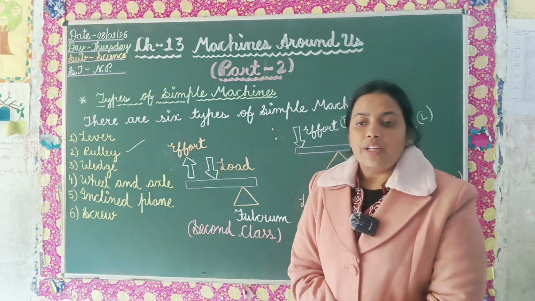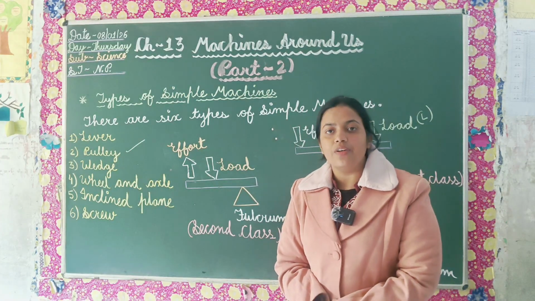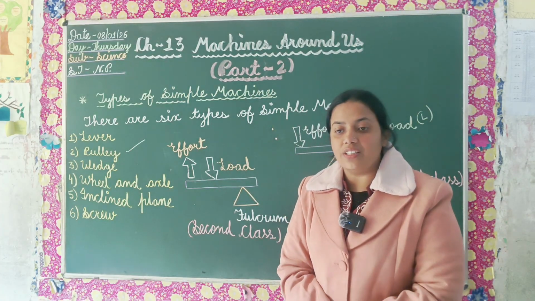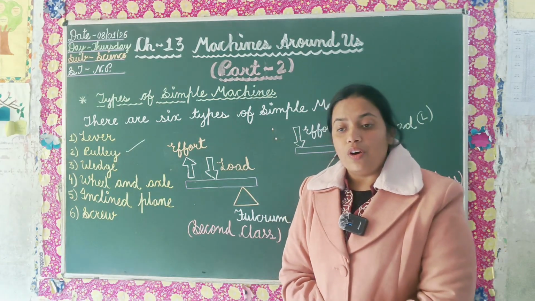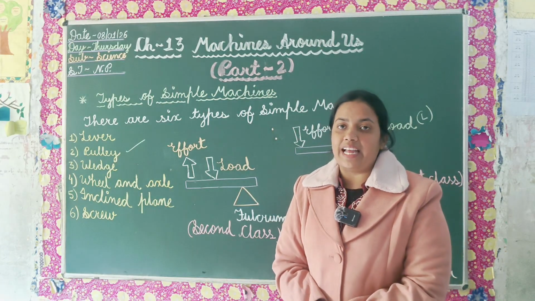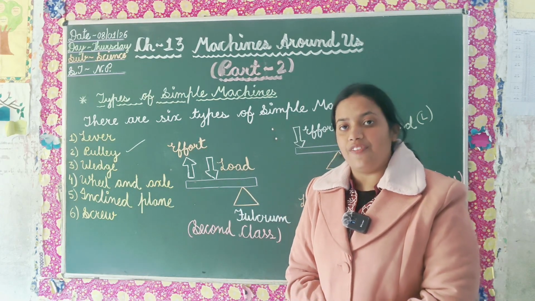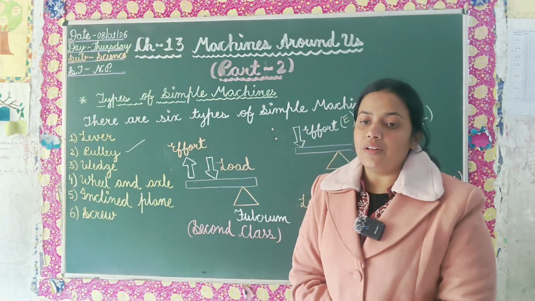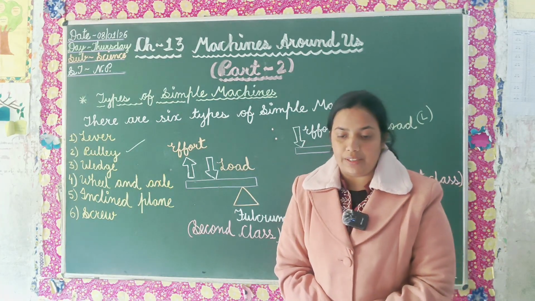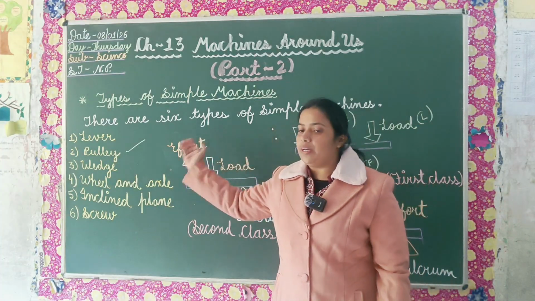Students, the heavy object is attached at one end of the rope and it is used to lift or lower heavy objects, like drawing water from a well and hoisting flags. So this was the example of a pulley, the second type of simple machine.